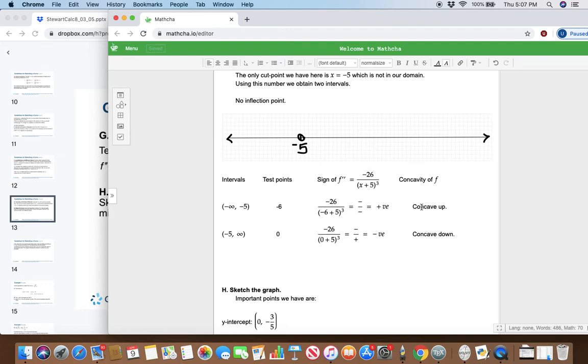So here your curve is going to be concave up. To the right of negative 5, well, we chose 0. Plug it in. I get positive 5 to the power 3 in the bottom, which is positive. Numerator is negative. It's overall negative. So I'm going to be concave down on this side.